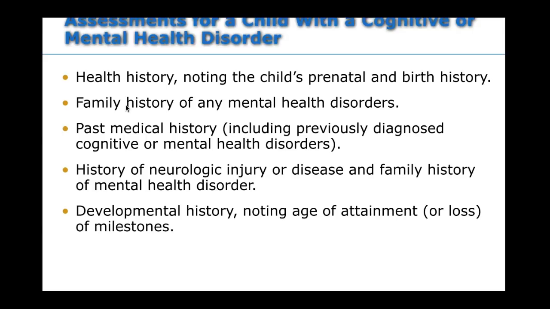And then developmental history is the most important thing that you're going to want to assess for. Those developmental milestones that gave you grief on the first and second exam, if a child is lagging behind in his developmental milestones, his gross motor, his fine motor, or his speech or his cognition, that may be a red flag for some sort of mental health disorder.